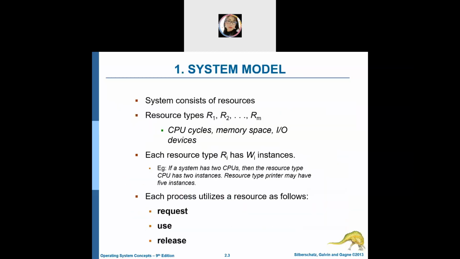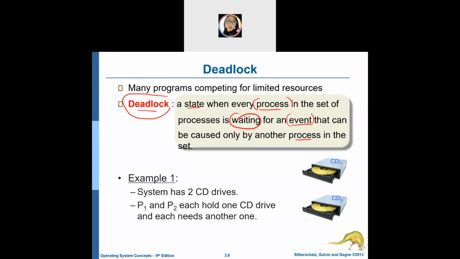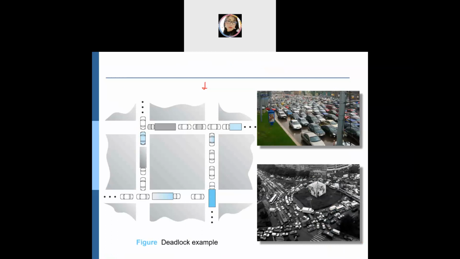For example, last time we looked at the traffic jam. We discussed that this lorry cannot move forward unless this car moves forward. When this car moves forward, then this lorry can move.